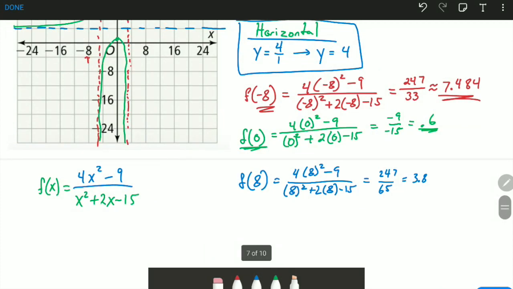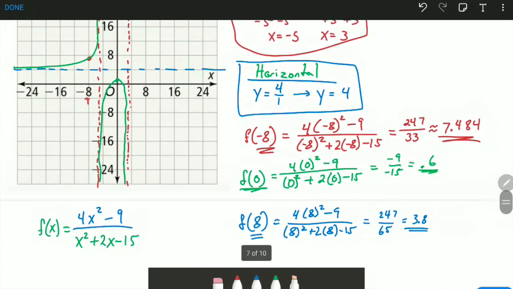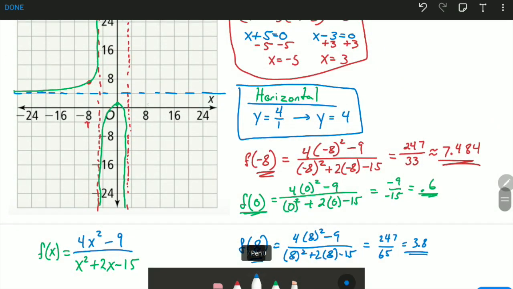And the last one is 8, 3.8. So 8, 3.8 would put it just below that horizontal asymptote, which based on what we have, it would be something like this.